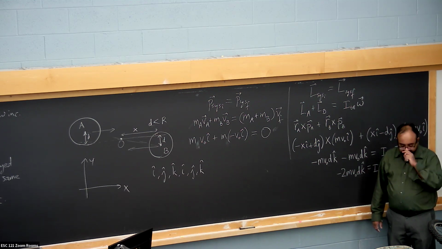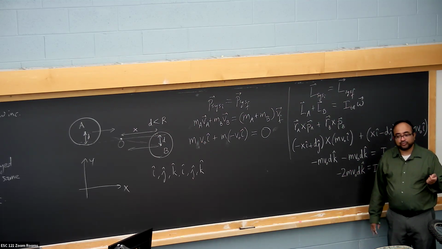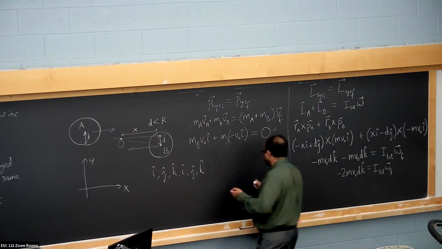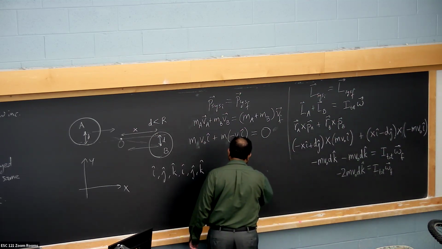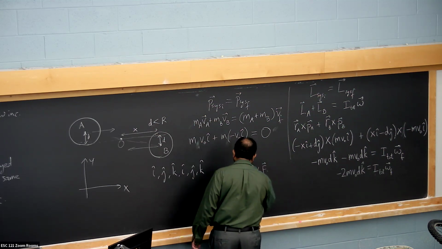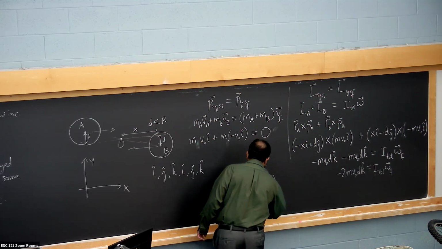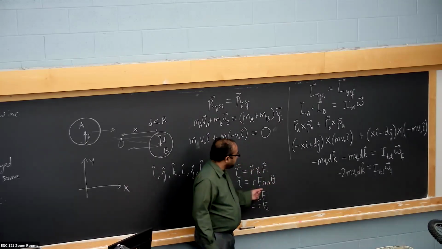So in a lot of the cases we've seen so far, your R and your F, or your R and your P, were perpendicular to each other, right? And so if you're looking at the magnitude, if you're doing tau equals R cross F, we know that the magnitude of tau can be written as either R F sine theta, or as R perpendicular times F, or as R times F perpendicular. And if they're already perpendicular, then sine of 90 is 1.